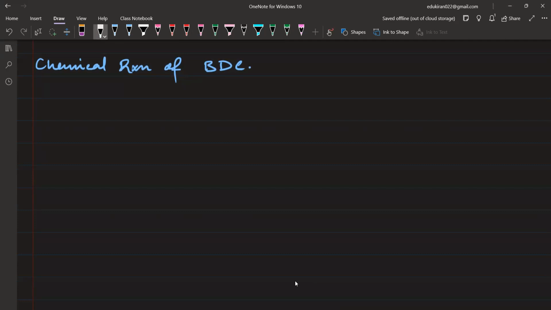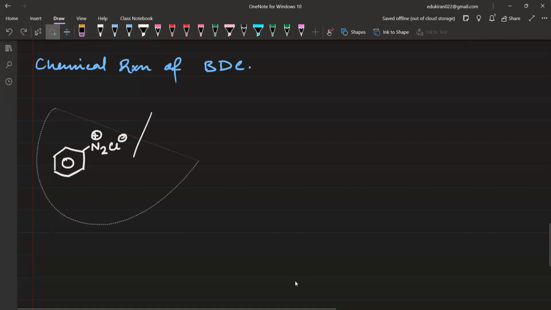So if you have benzene diazonium chloride, benzene ring, N2 positive, Cl negative. बेंजीन की जगह ना AR भी लिखा रह सकता है ना. AR का मतलब होता है अराइल. Now if it reacts with, अच्छा एक सेकंड गाइस, एक सेकंड, आपने लिखना नहीं चालू किया, आई होप.